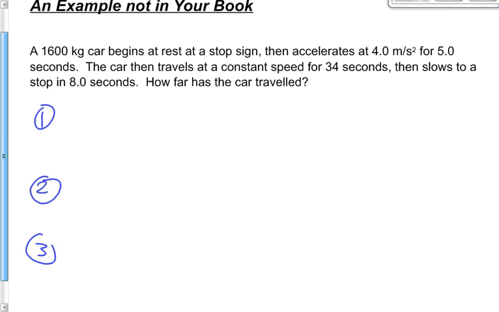The mass of the car, whether we're talking about stage 1, stage 2, or stage 3, is 1,600 kilograms. What other information do you have for stage 1? Before the first then, something happens, and then something else happens. What's one piece of information that you have here? Good. So let's say A is 4.0 meters per second squared.